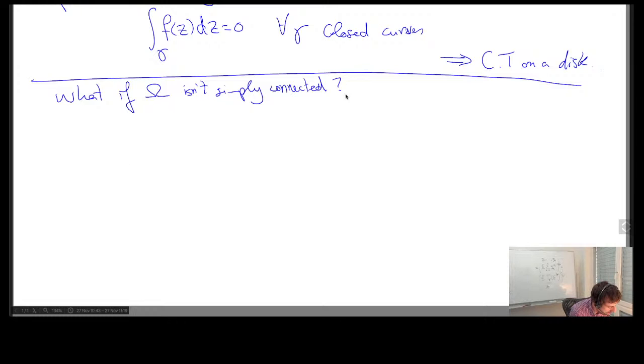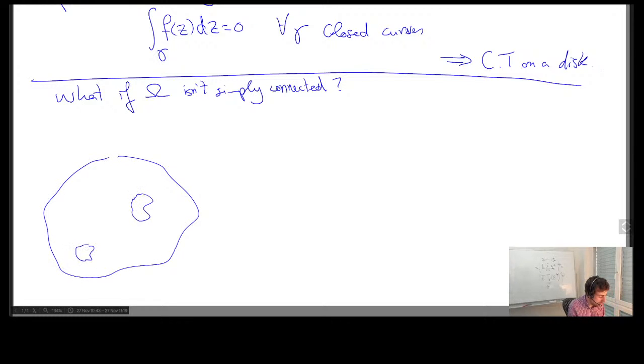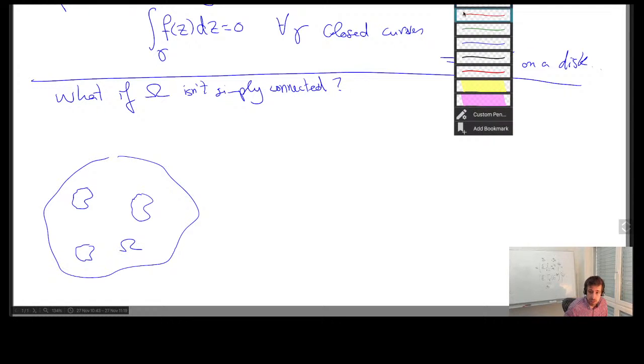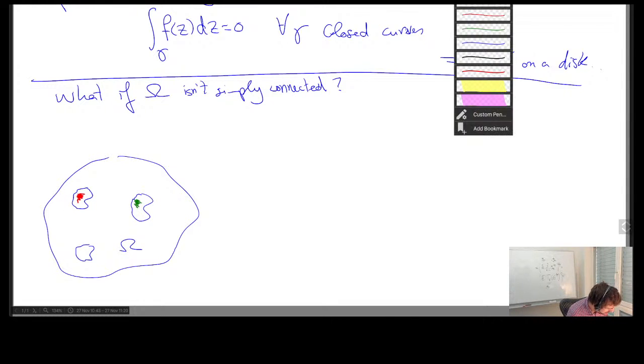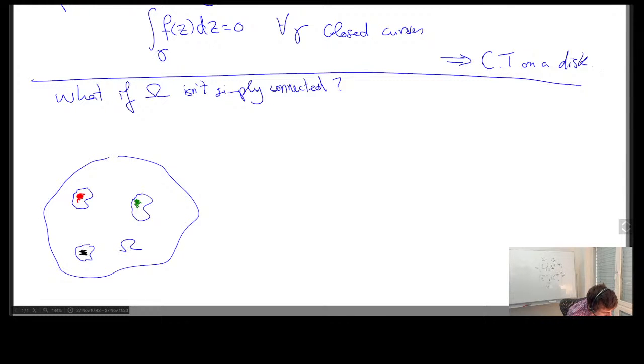In particular, let's say that omega is a region like this, maybe has a hole, another hole, another hole. This is clearly not simply connected. It has 3 holes, say this green hole, the red hole, and the black hole. Okay, and so clearly this region isn't simply connected.